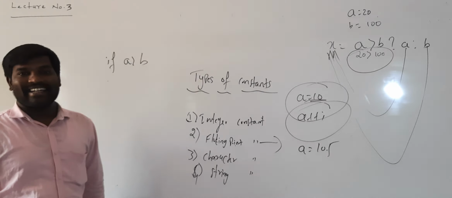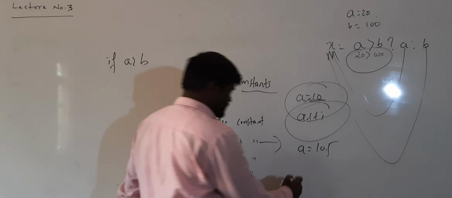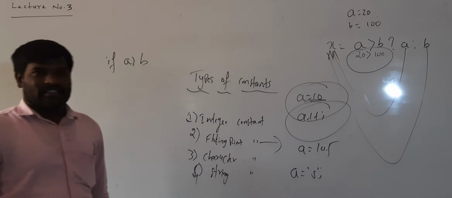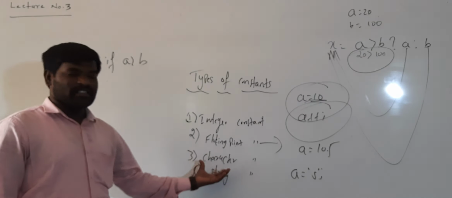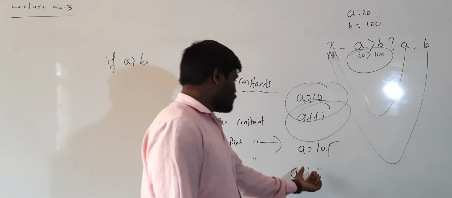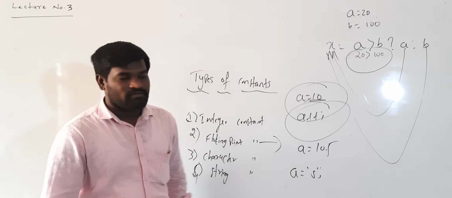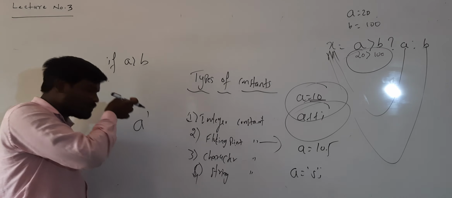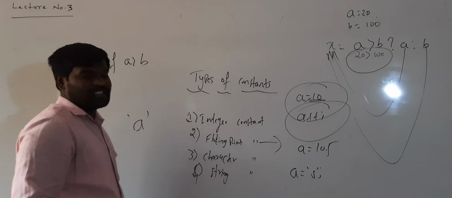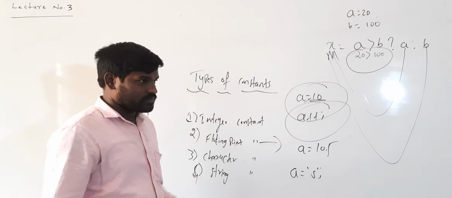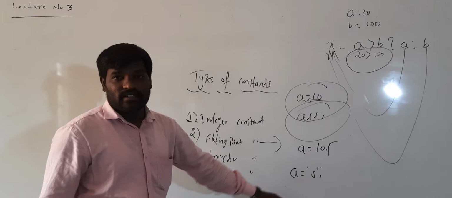Third one is character constant. Here, character is equal to a. A character constant means a single character that is enclosed within single quotes. See here, 'a'. Within the single quote, whatever character you mention is nothing but the character. So a is equal to single quote 'a' means this is the character constant.